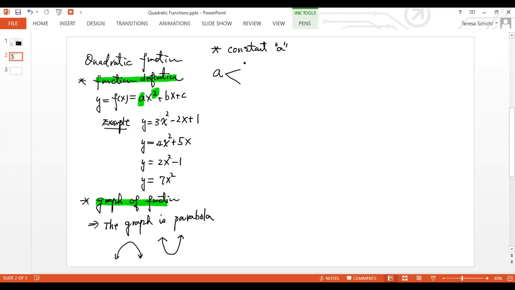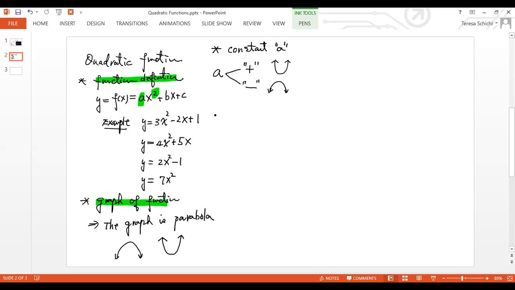If A is a positive number, then I know my parabola is going to open upward. In the same way, if A is negative, then I know my parabola is going to open downward.